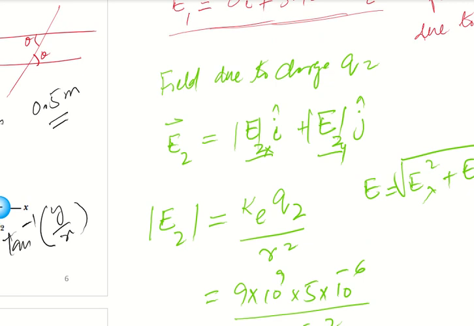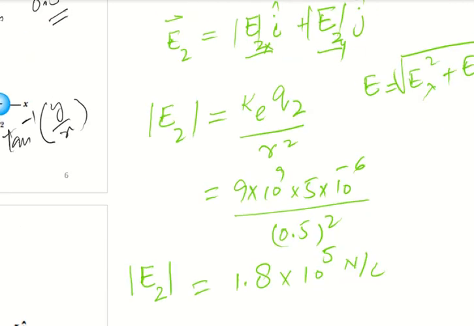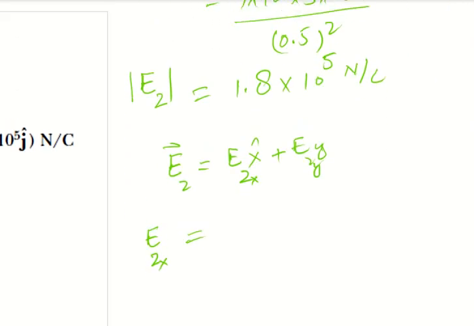We have determined E2, and now we want to determine E2x, the x component of the field vector. In terms of E2, E2x is E2 times cosine of theta, and E2y is E2 times sine of theta.